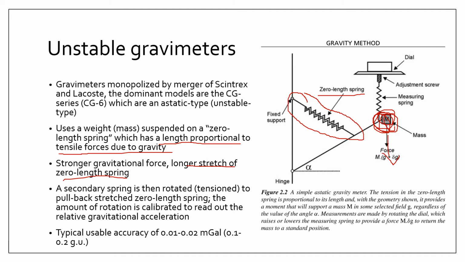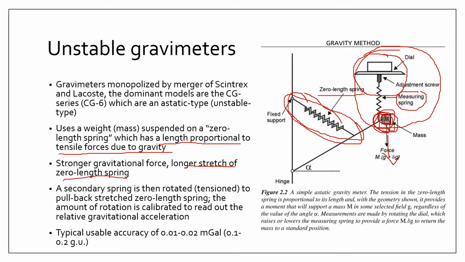All right, but how do we exactly measure the gravitational acceleration? So we also have another spring here, which is called the measuring spring, right? And what we do is every time this zero length spring stretches, we try to rotate this dial so that the spring will go back to its normal length.